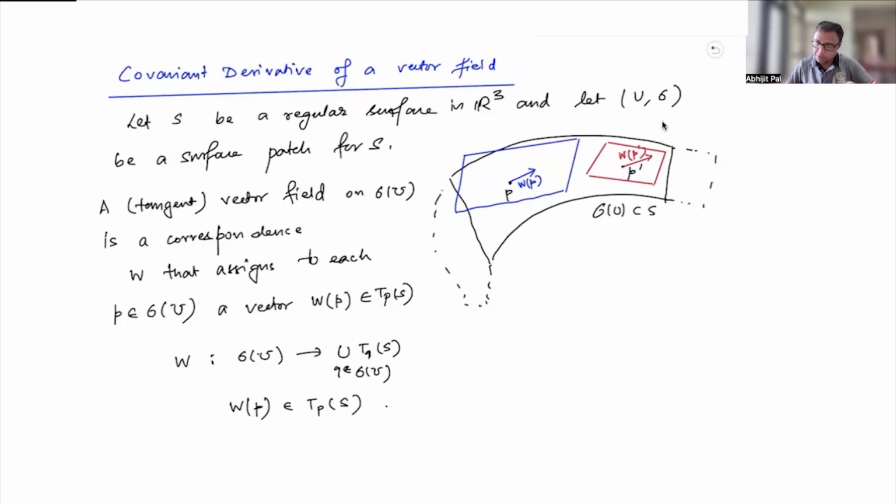Okay, so this is my definition of this tangent vector field. So note that W of sigma of U is a collection of vectors, and these vectors lie in R3.